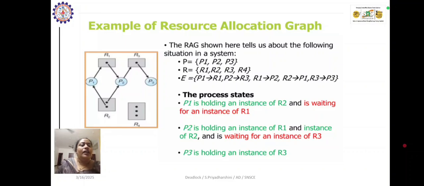So P1 is holding an instance of R2 and is waiting for an instance of R1. P2 is holding an instance of R1 and an instance of R2 and is waiting for an instance of R3. P3 is holding an instance of R3. This is how a resource allocation graph would look diagrammatically.